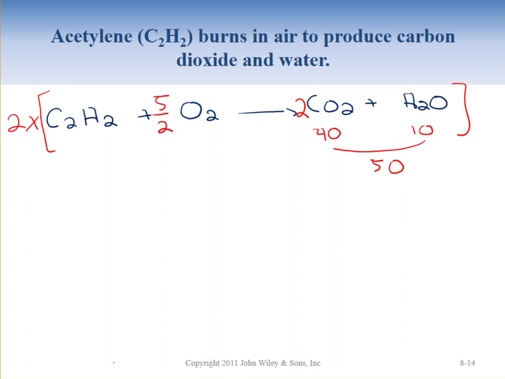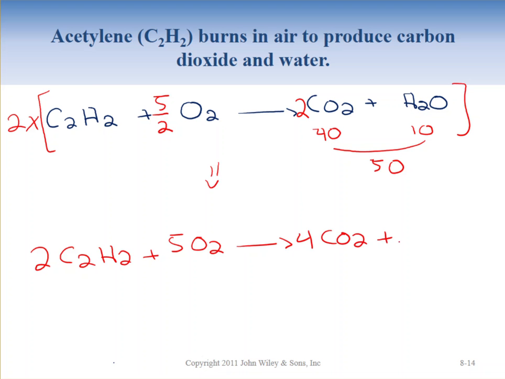Now, when you multiply by a factor, every single reactant and product needs to be multiplied by that factor. So that gives me 2C2H2, 5O2, 4 carbon dioxide, and 2H2O. Now the equation is balanced.